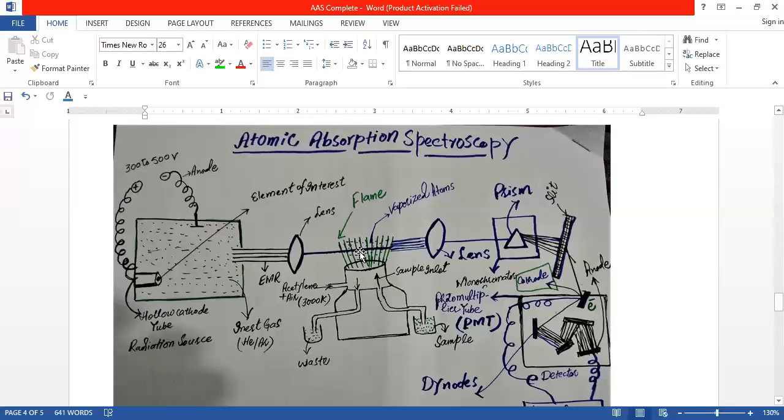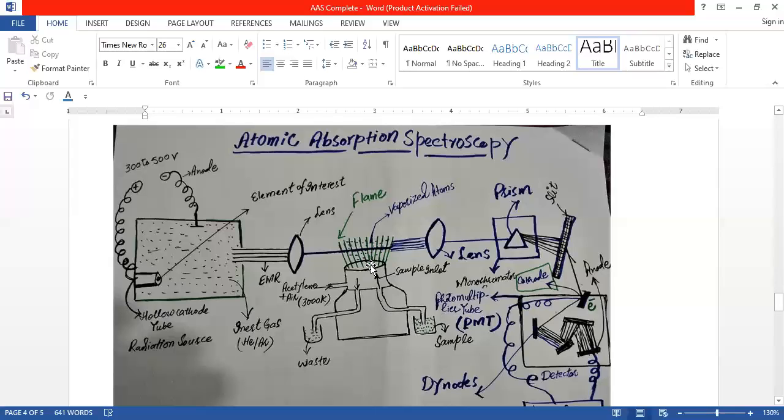In this flame, vaporized atoms will be present, because here the atomizer will be there. You can see this is the atomizer. And what is the function of the atomizer? As I already told you, we put our sample in the atomizer, and this sample will go to the flame.